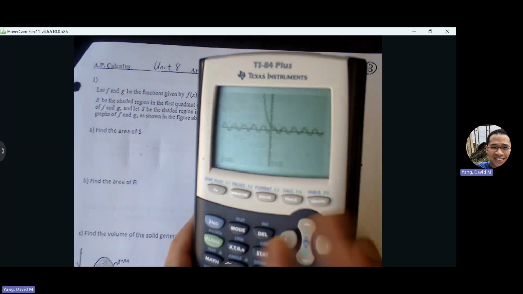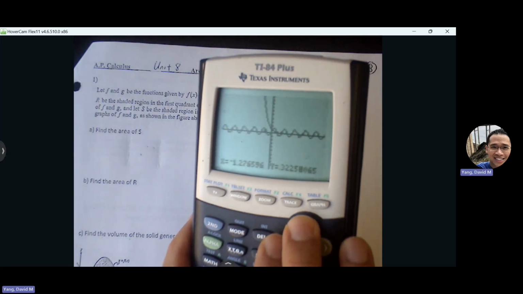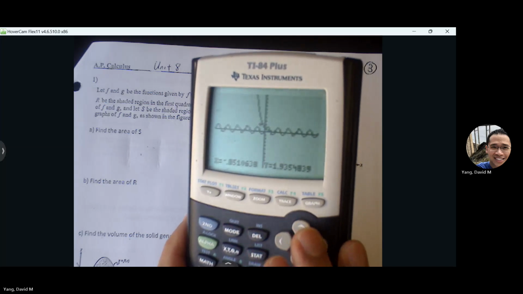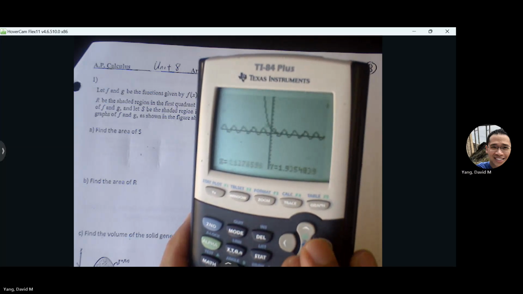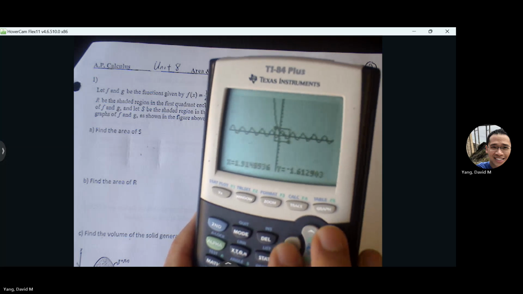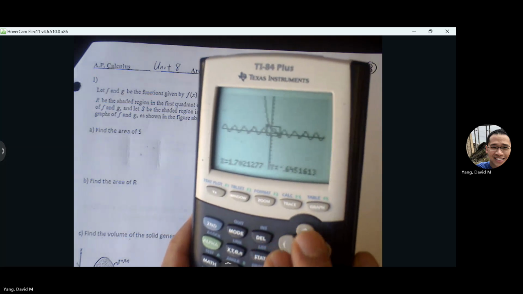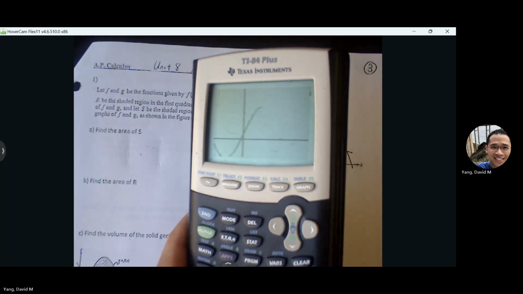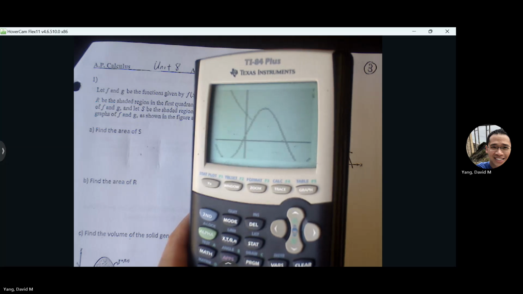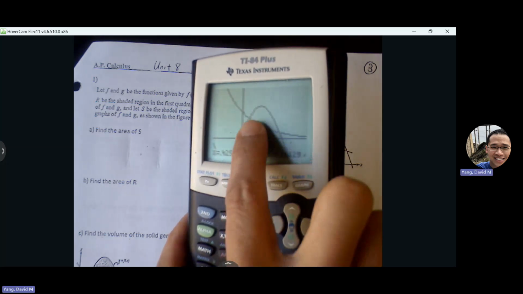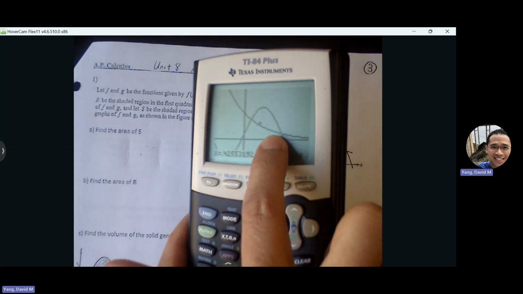Zoom box, zoom one will help you focus in on that region. So look for that intersecting point and look for this intersecting point.